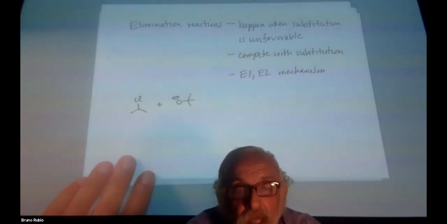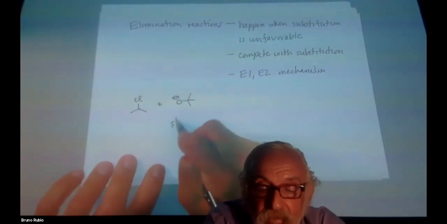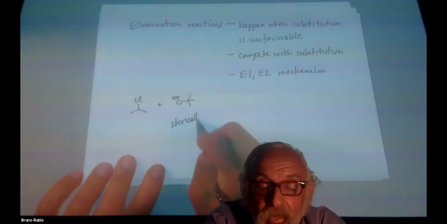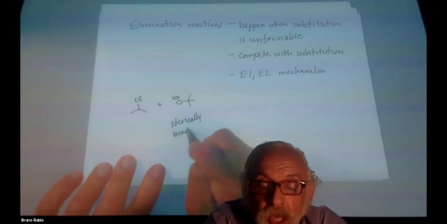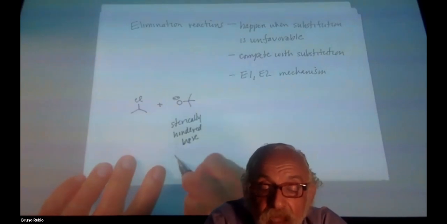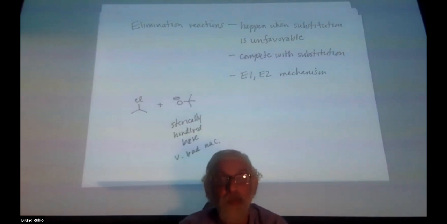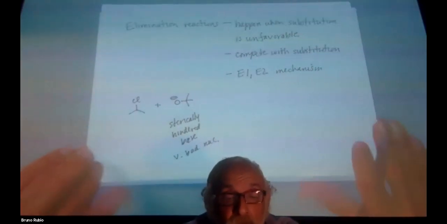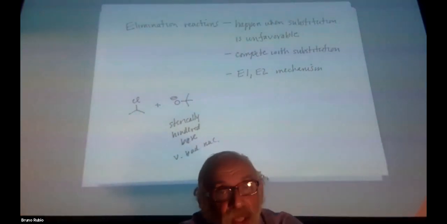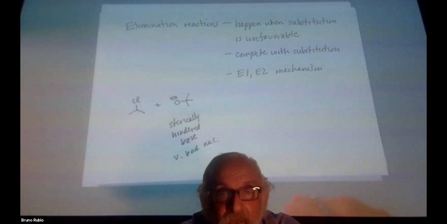And we've talked about this tertiary butoxide, and we mentioned that this is a sterically hindered base and a very bad nucleophile. And why is it a bad nucleophile? Because it's sterically hindered. In the SN2 reaction, the nucleophile has to get in and push the leaving group out.